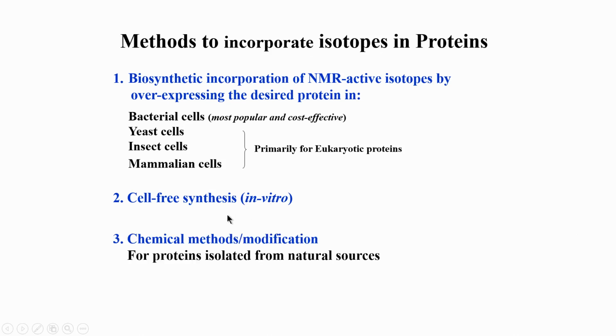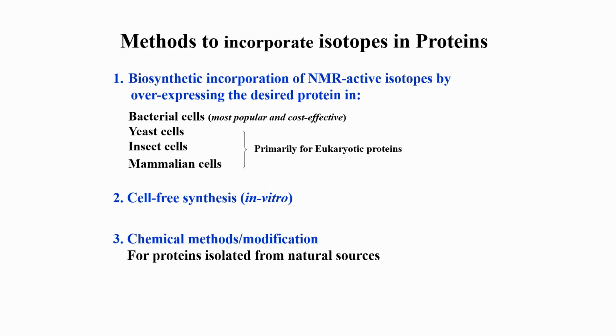which cannot be expressed in bacteria. And the final method, of course, is the chemical method, which is mainly synthesis. Chemical synthesis of peptides and proteins can be done using solid phase peptide synthesis, but typically we cannot go today beyond 50 amino acids.